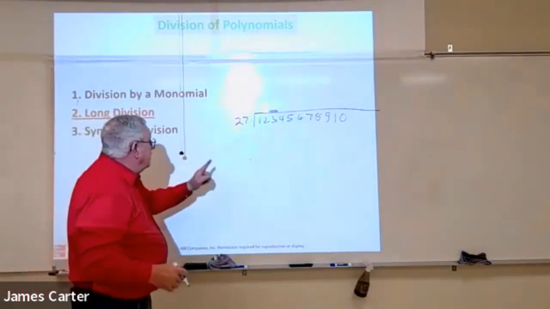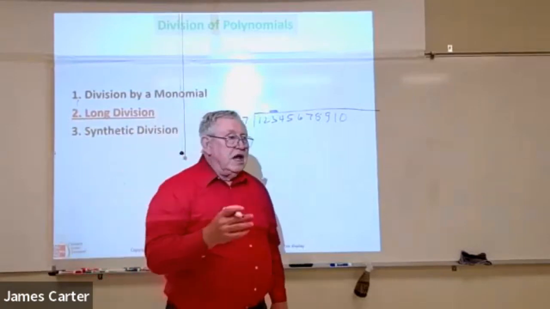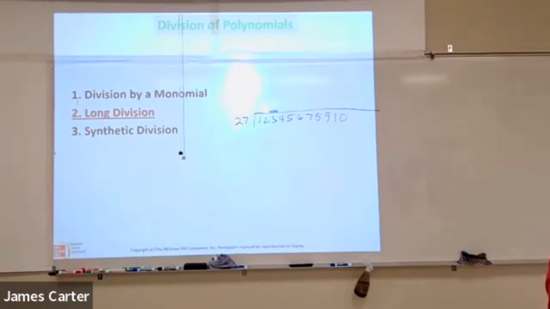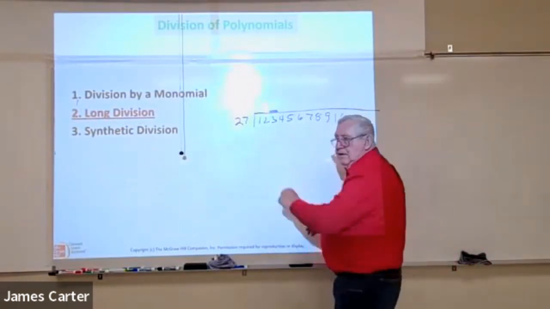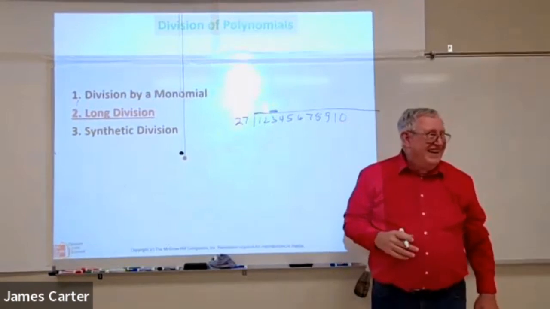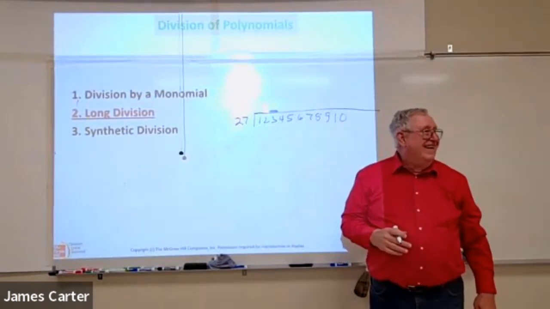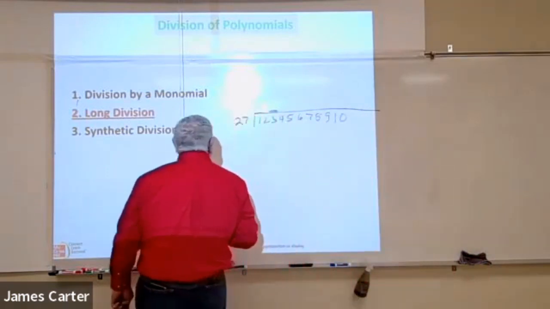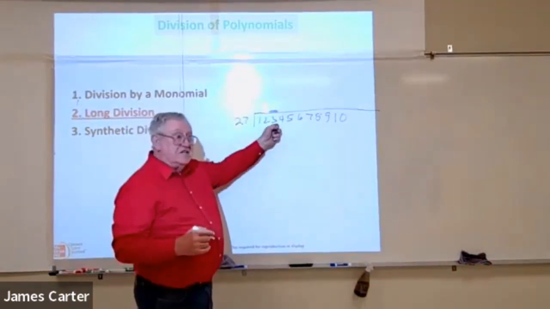Now then, the next thing we got to do is we got to play the Gazinta game. The Gazinta game. How many times this one goes into that? Well, how many times does it go into it?